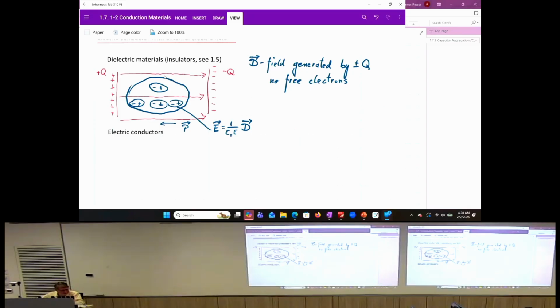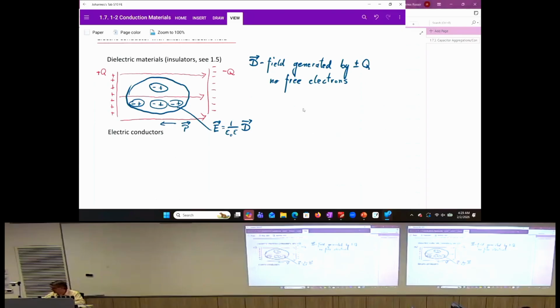In consequence, you have these electric dipoles that are then oriented. Respectively, if you have atoms, these may not be original dipoles, but as soon as they're in the electric field, these charges being a bit pulled apart become dipoles. And these put up this polarization field, which is counteracting the electric field.